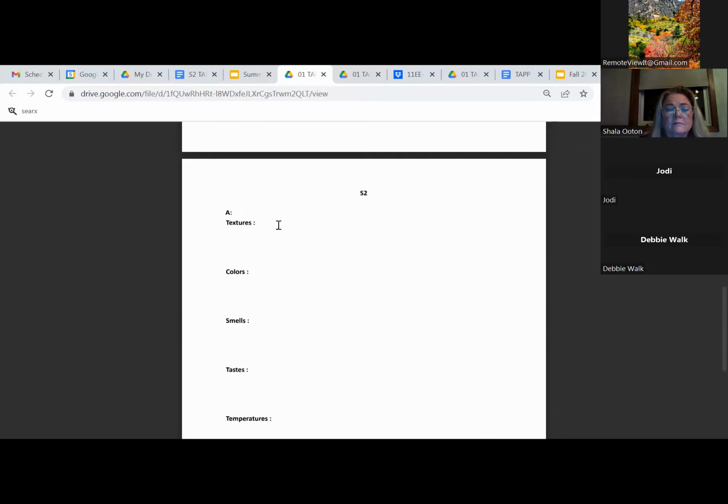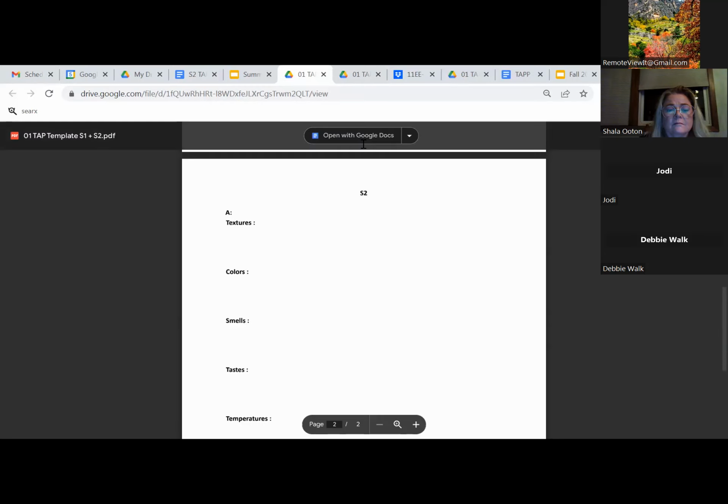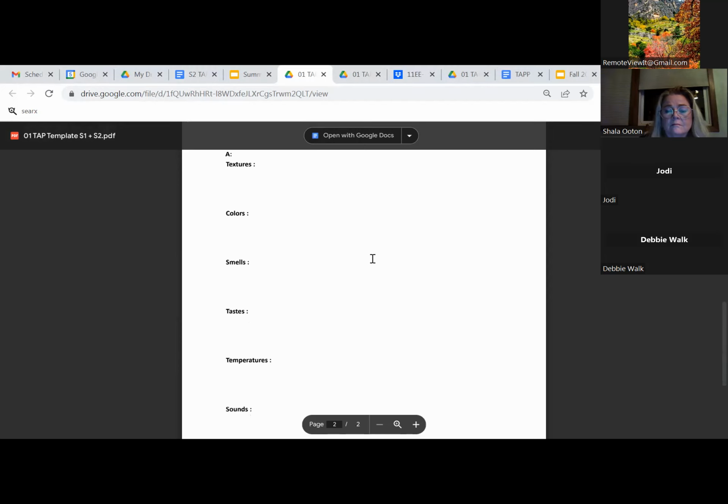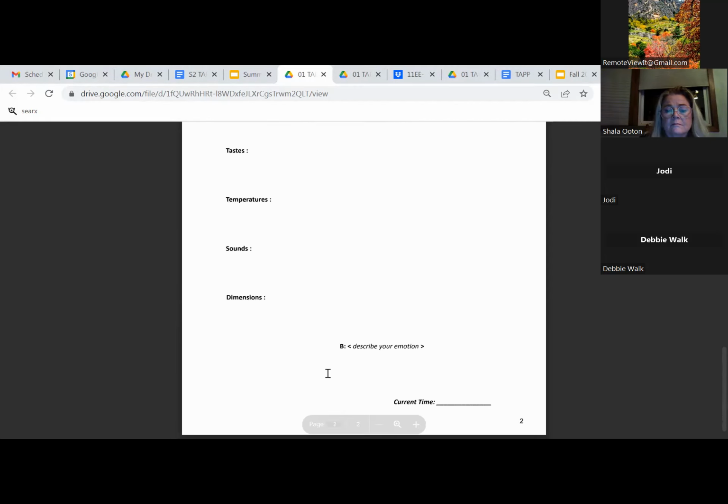I think this is right. I'll have to double check. I don't have A there anymore. So this is an older template, but it's just textures, colors, smells, tastes, temperatures, and then sounds, dimensions, and your emotion. I'm not using A and B anymore because it's confusing. I just decided to use all of the things there.